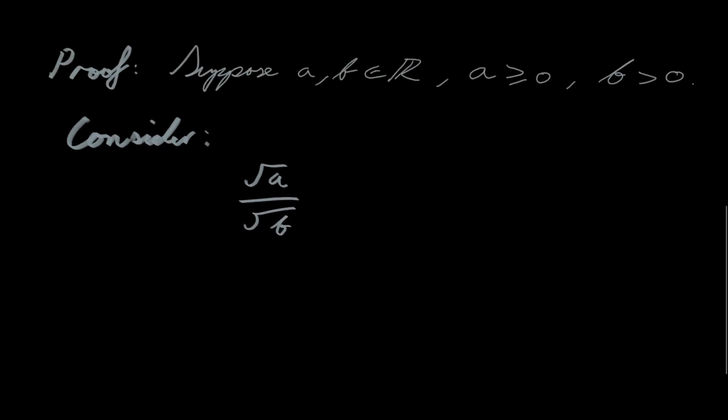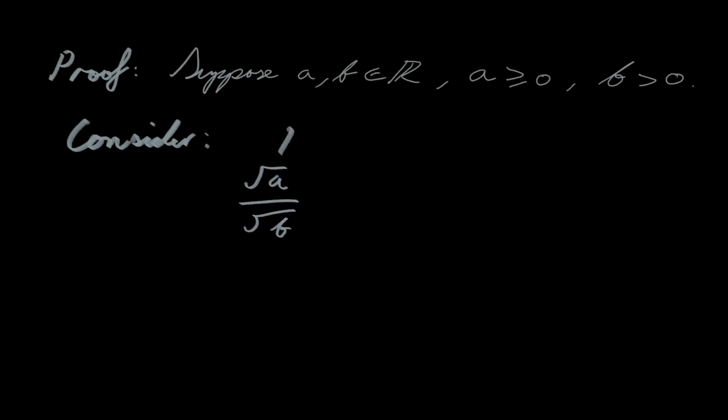Consider the square root of A divided by the square root of B. Now, since A is greater than or equal to 0, we know that we would get a real number from taking the square root of A, and since B is positive, we can take its square root and get a real number answer, and since it's not 0, we know that we can divide by it.